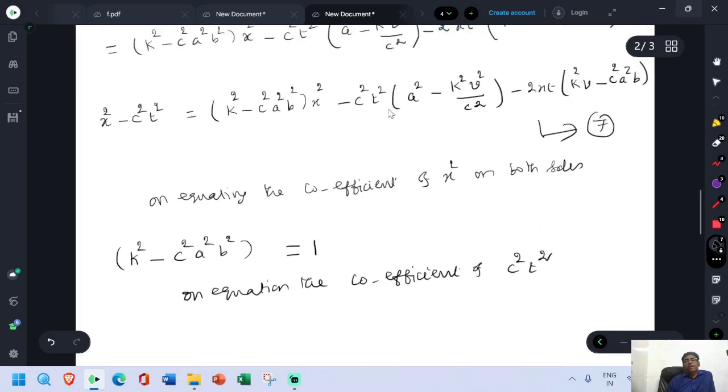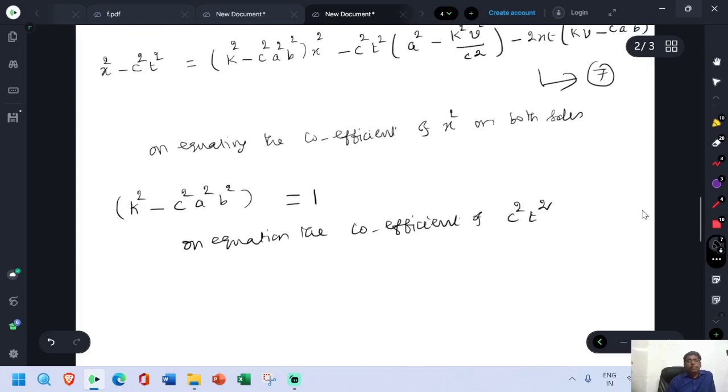So this term should equal unity. A square minus k square v by c square equal to 1.